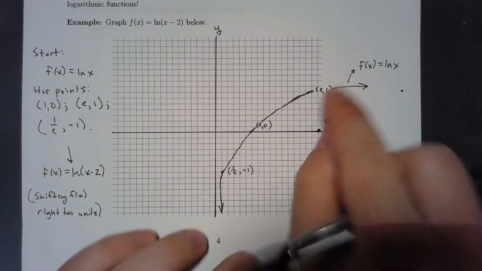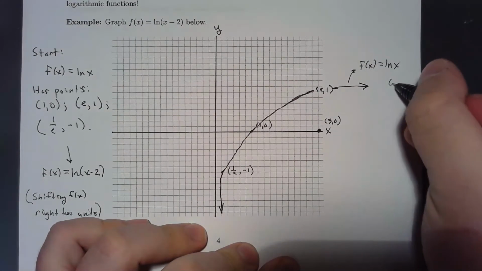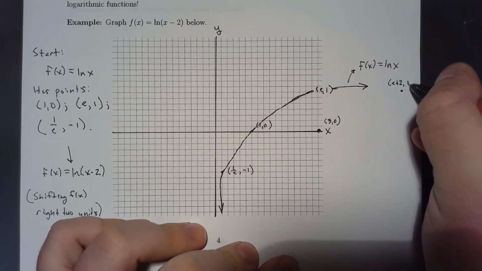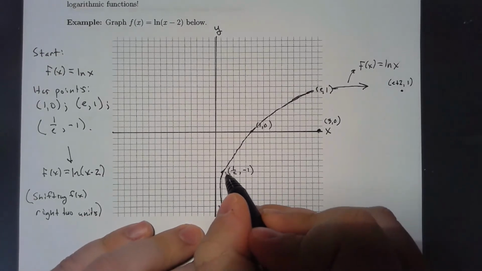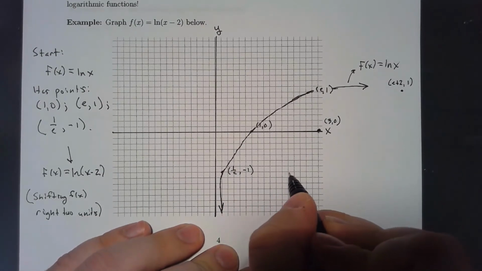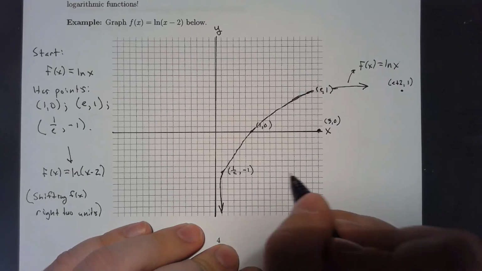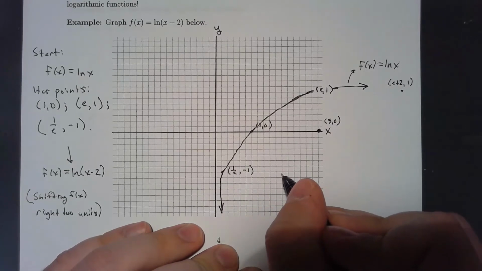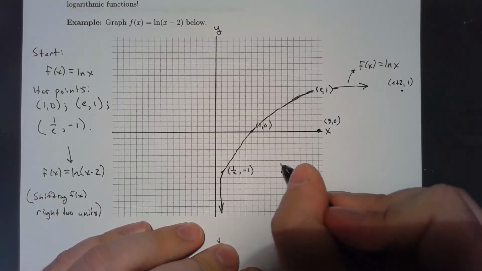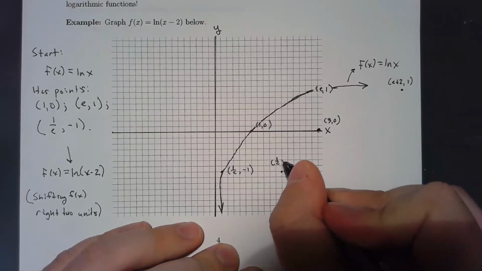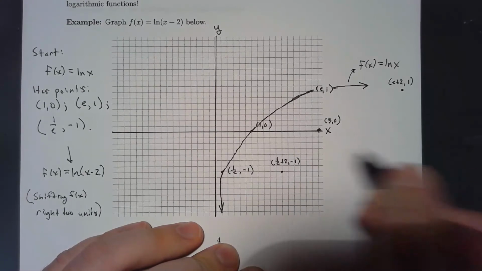So that'll be (e plus 2, 1). And then I shift this to the right 2 units, so that'll be roughly right there. That'll be (1/e plus 2, -1).